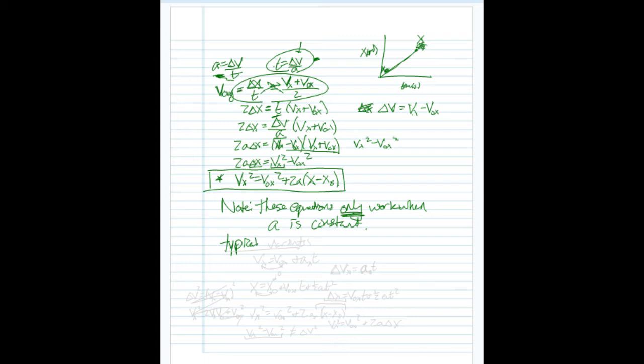Typical variants of these equations. The first equation, we don't typically see this variant very often, but anytime I have two velocities, the final and an initial, I can actually combine it into a delta v. So the change in the velocity is equal to the acceleration times the time.